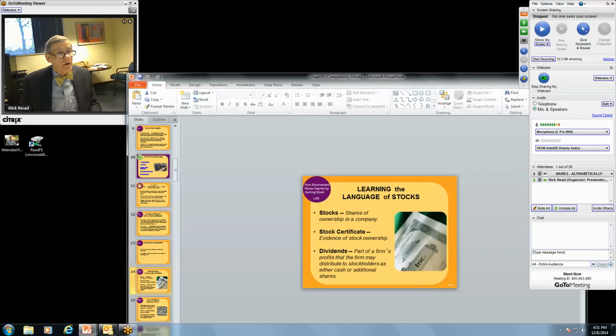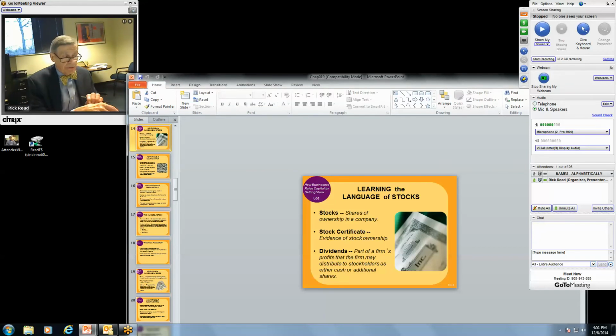Now we're going to learn a little bit about stock language, learning the language of stocks, if you will. Stock is a share of ownership. You buy a share of stock in Procter & Gamble or Coca-Cola or Kroger or AT&T or General Electric, any one of those large corporations, you are an owner.